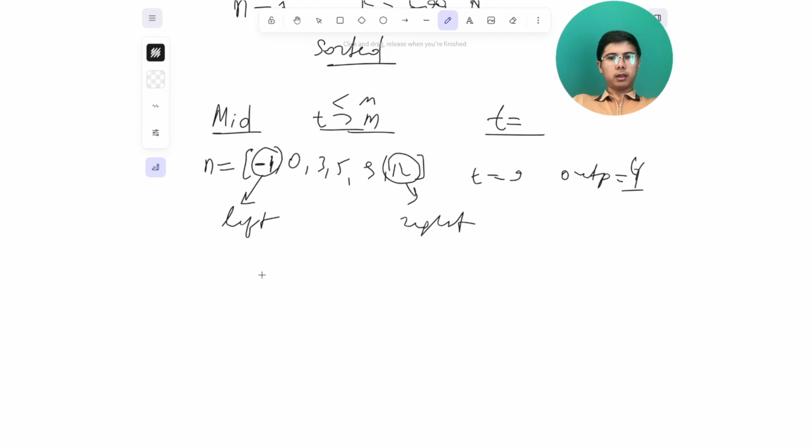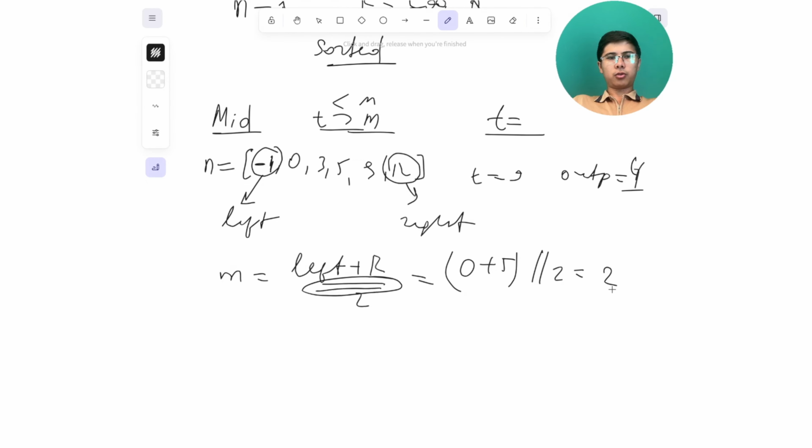The middle's formula is left plus right divided by 2, where divided means integer division. So we get the index number, not the element: 0 plus 5, divided by 2, and the quotient is 2.